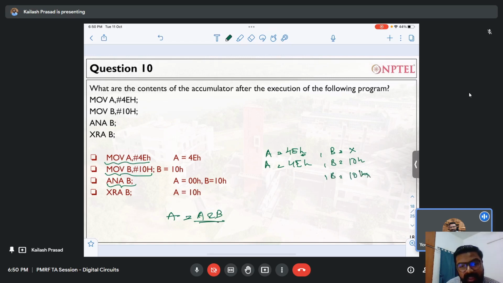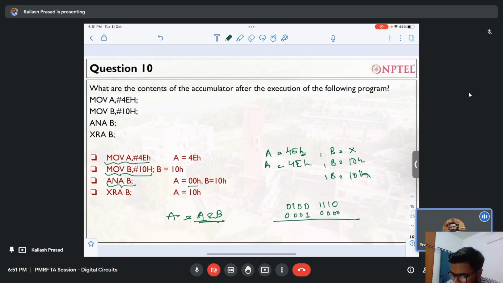Now A is A AND B, it is a bitwise AND. I will explain how the value of A will come. A is 4E. 4E means 0 1 0 0 1 1 1 0, so this is 4 and this is E. And B is 10, so 0 0 0 1, then 0 0 0 0.